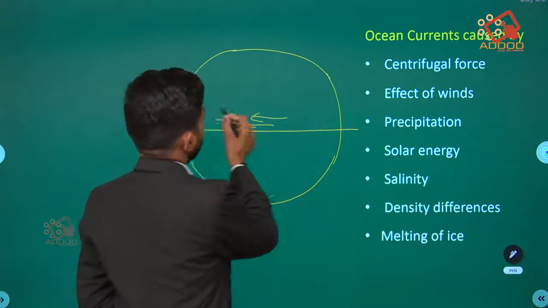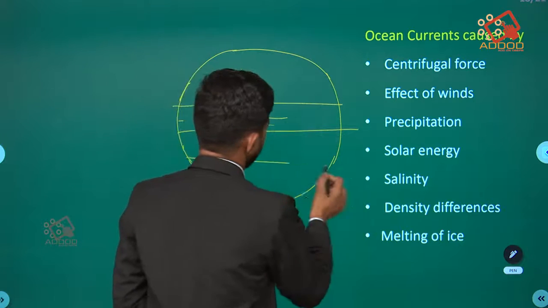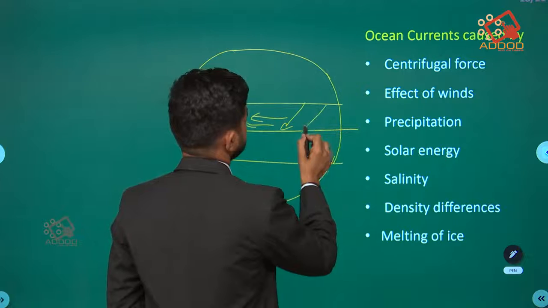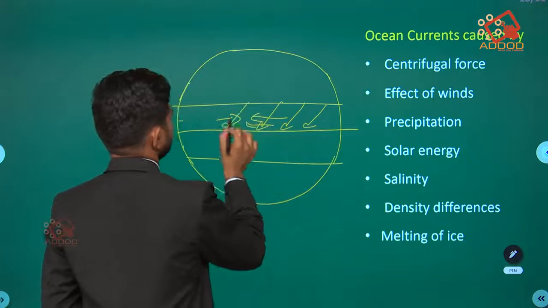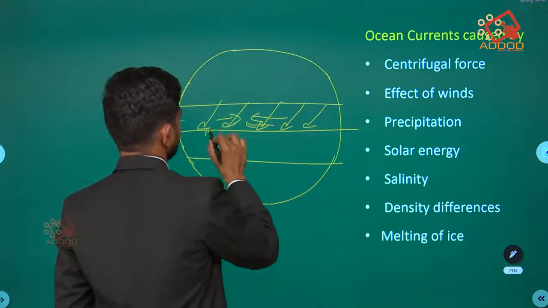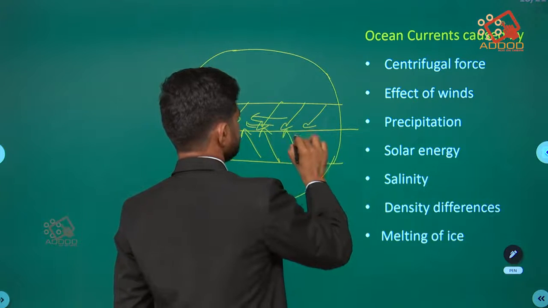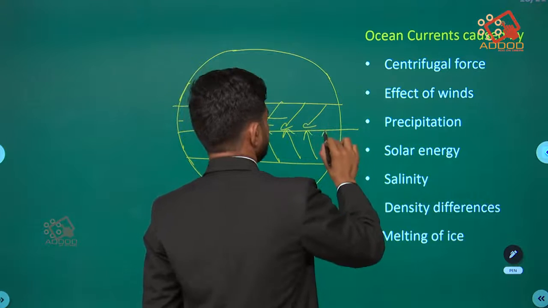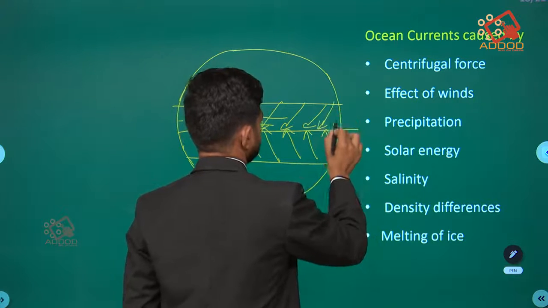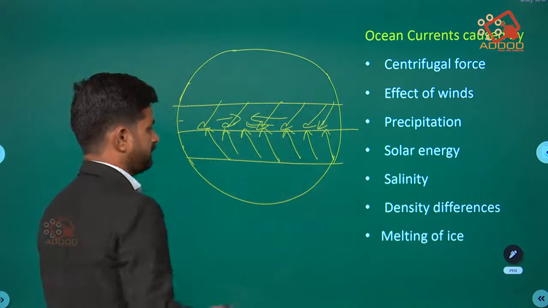Now, these planetary winds are always maintaining the same direction. Because of this, they took help of these winds. These are called trade winds.